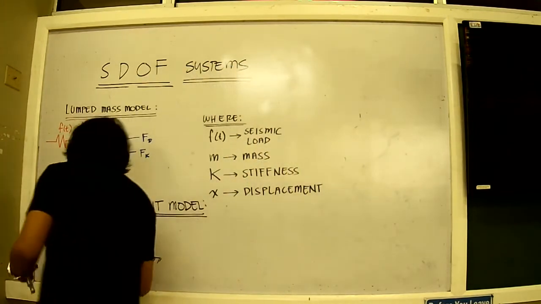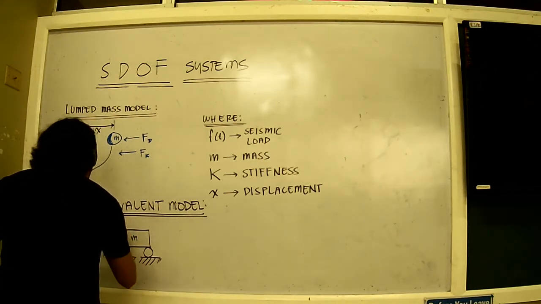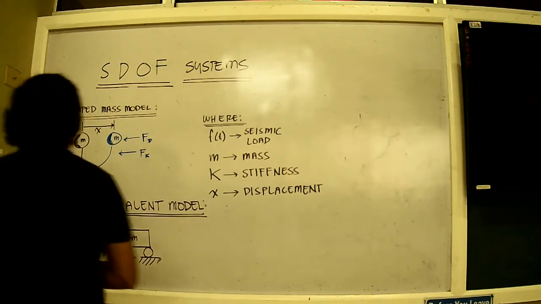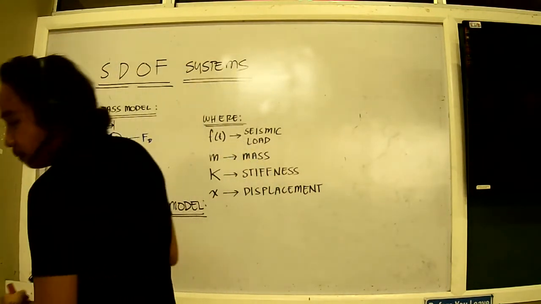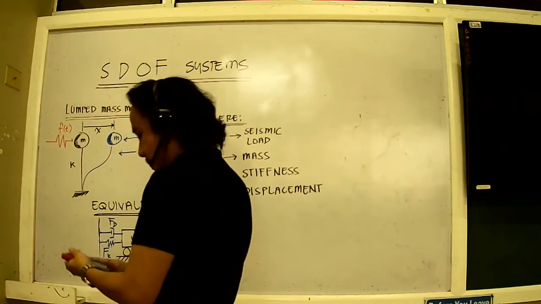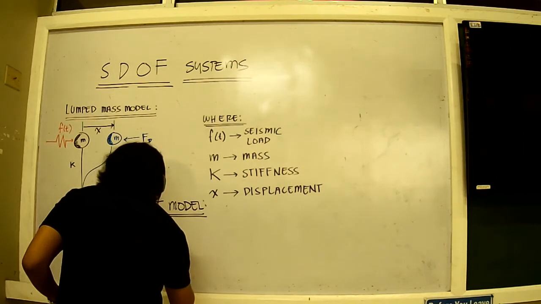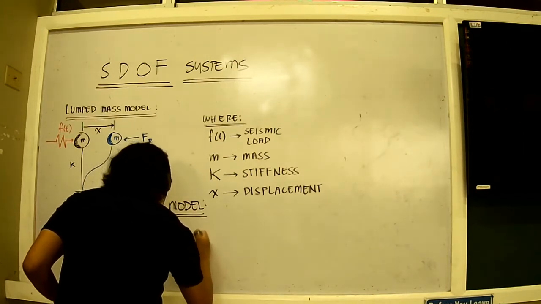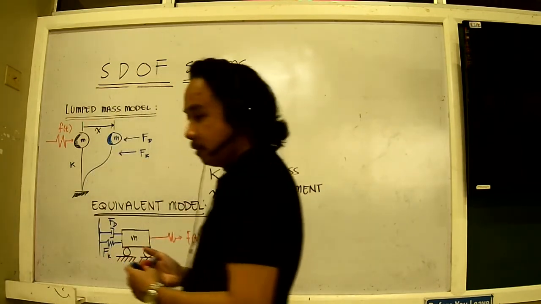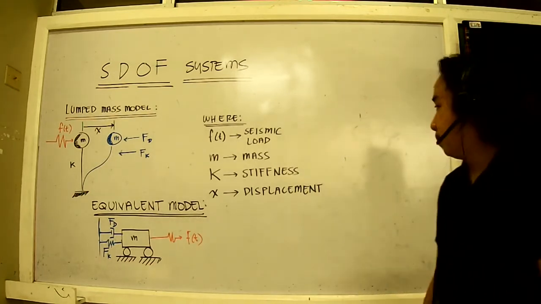Aside from that, we have the damping force, which is equal to Fd. And of course, we still have the forcing function here, which is equal to Ft. Okay, so this is the equivalent model.